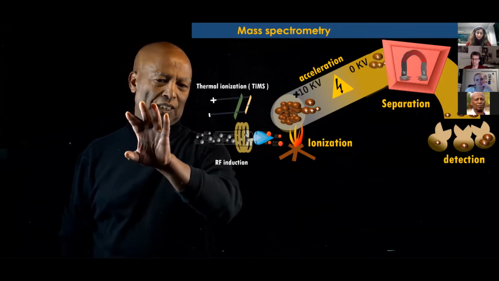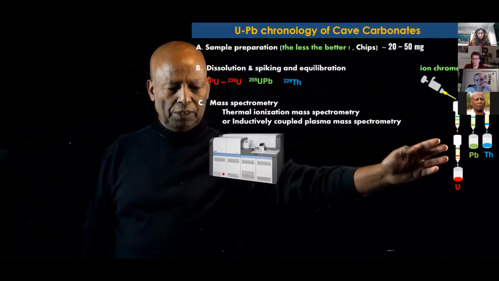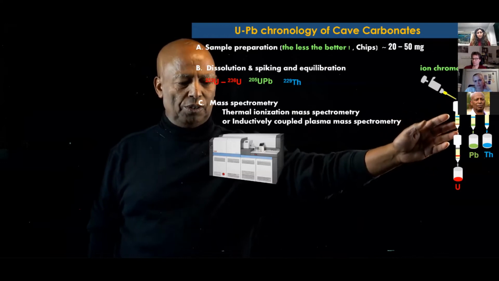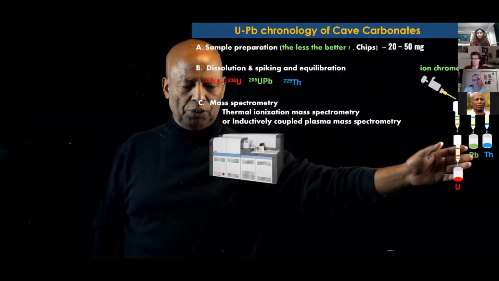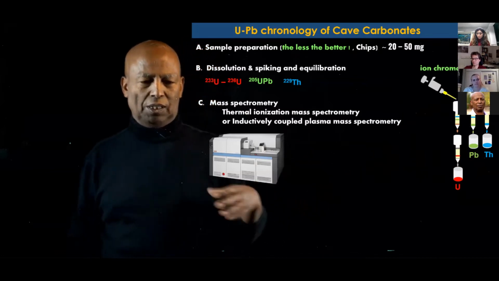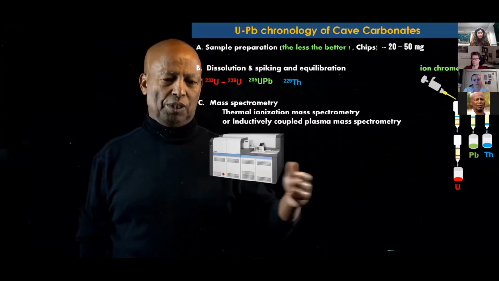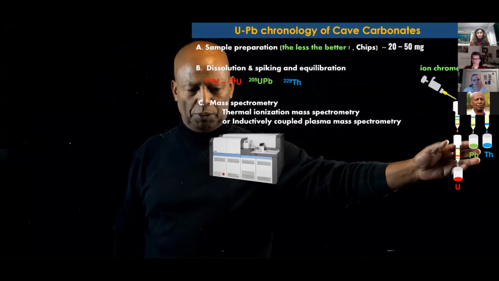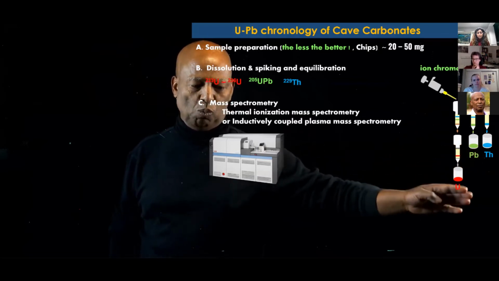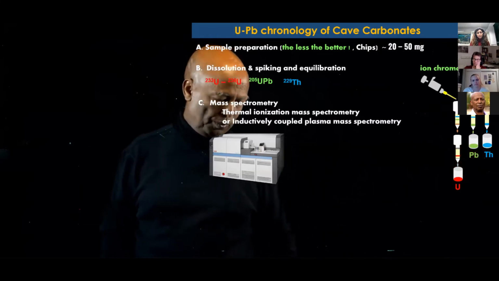In this case, over here, the solution, you use ion chromatography to separate the elements of interest, because in mass spectrometry, the same masses, regardless of the elements, cannot be separated out, at least with the kind of resolution that we have. So you have to separate the element of interest before mass spectrometry. And this is our stepwise elution system to separate out uranium, lead, and thorium.